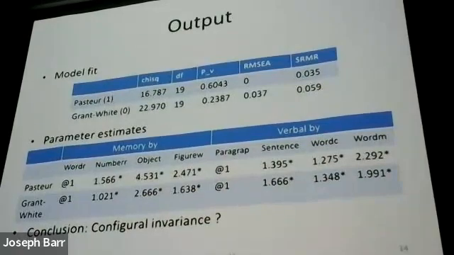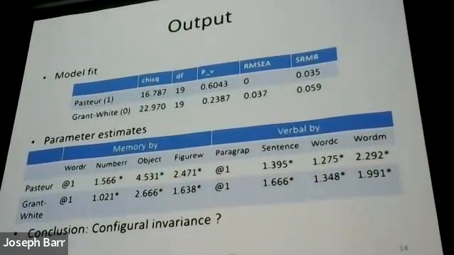Is there any configural invariance between the two schools? Yes or no? The question was, is there any kind of big difference between the two schools?